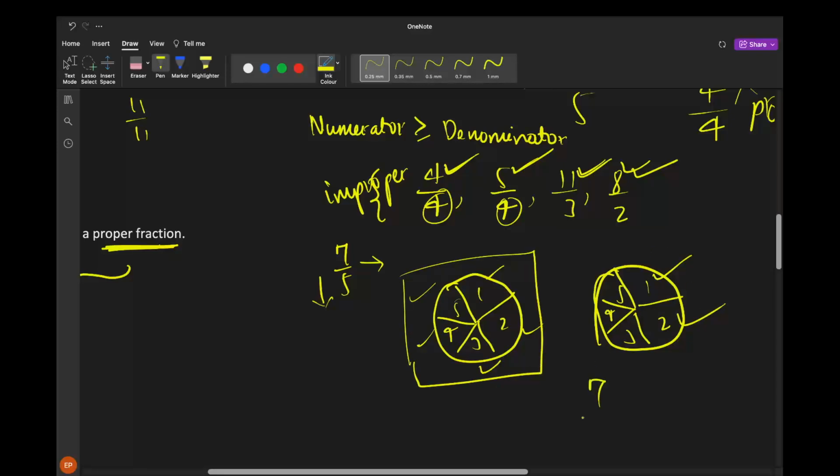So 7 by 5 is one complete pizza with 2 extra pieces out of 5 parts. This is the actual meaning of a mixed fraction. Converting an improper fraction to a mixed fraction.